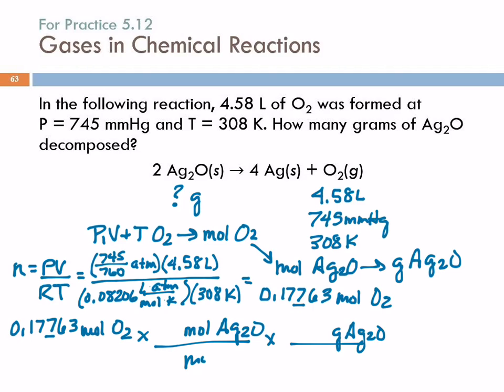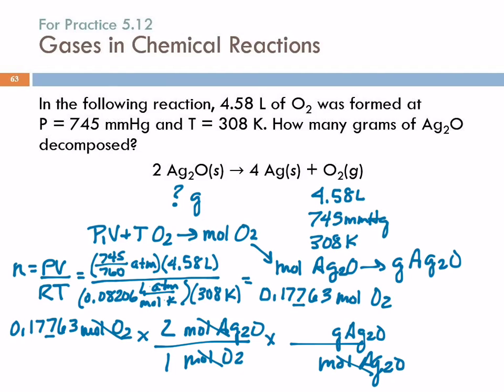So moles of O2 come down here, and moles of silver oxide come down here. Those cancel out. Where do we get the mole to mole ratio? From the balanced chemical equation. I want a 2 in front of the Ag2O, and here's an unwritten 1. I can leave it unwritten or I could write it down.